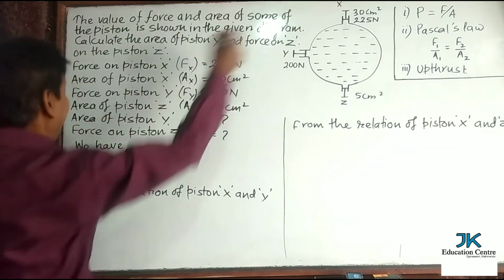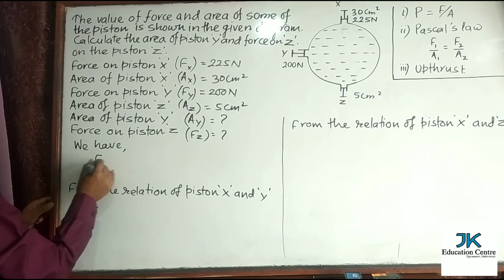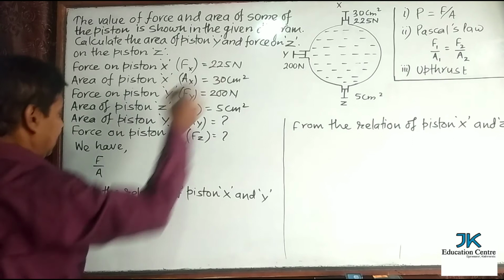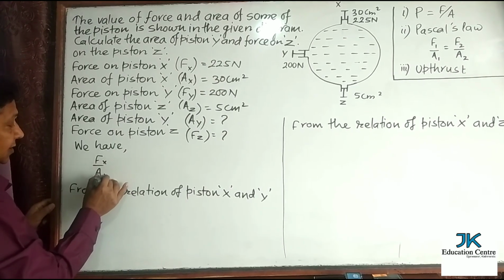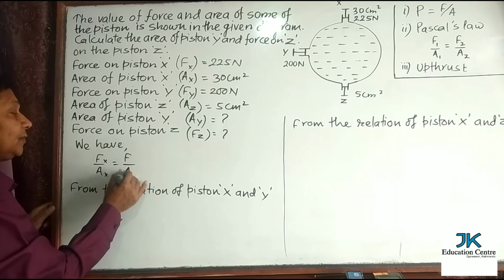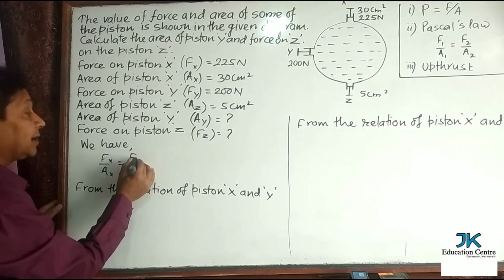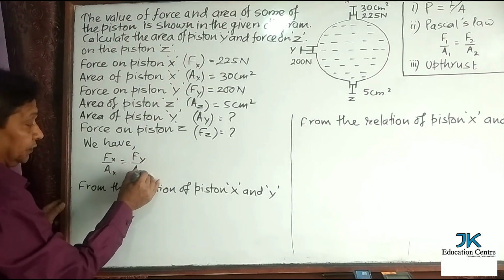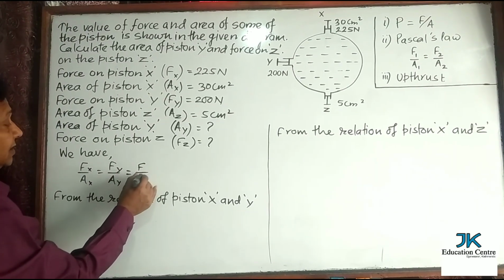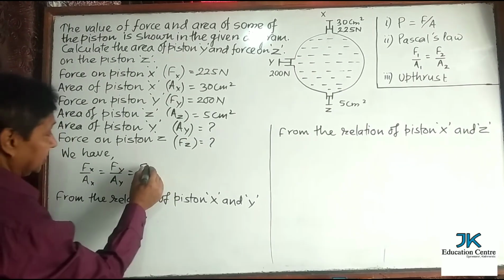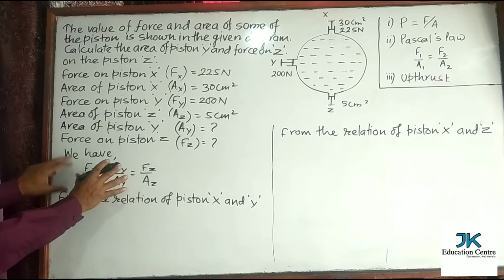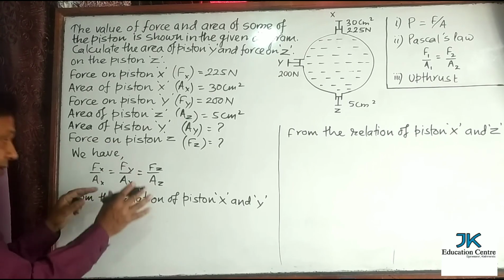Force upon area, which is pressure on X, is equal to force upon area, which is pressure on Y, and this is equal to force upon area, that is pressure on Z. This way we can write this equation according to Pascal's law.